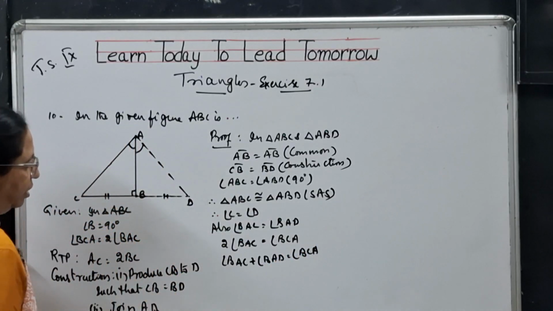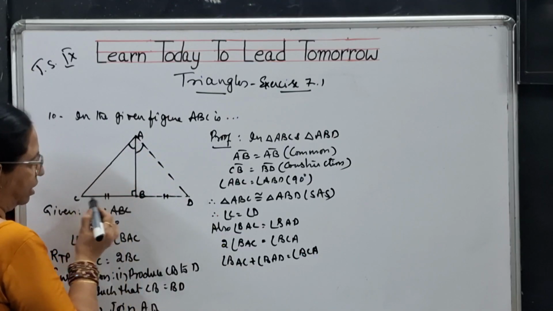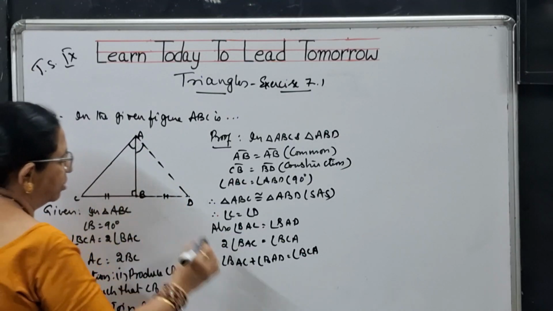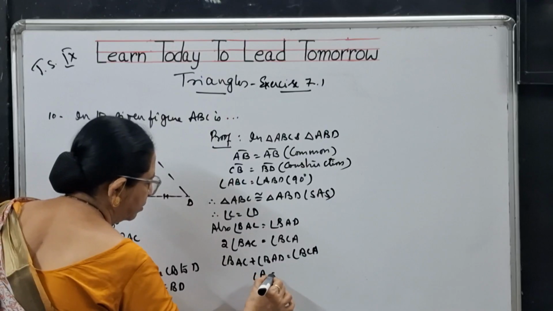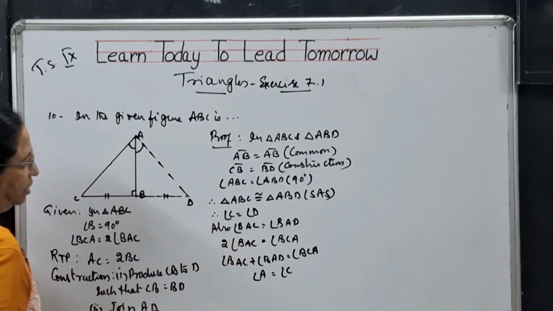That means what? Angle BAC plus angle BAD is nothing but angle A, which is equal to angle C. Isn't it?